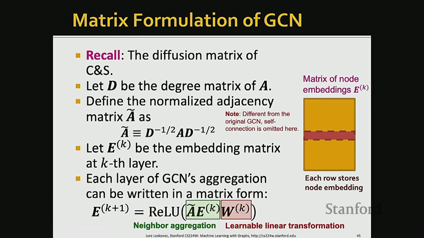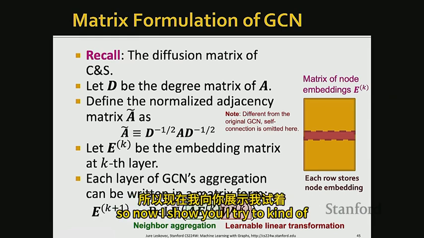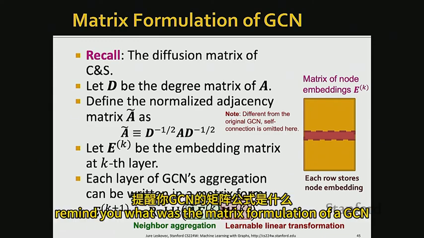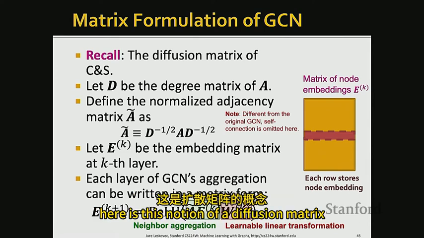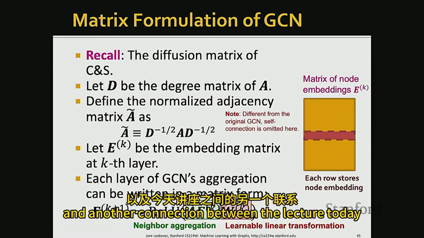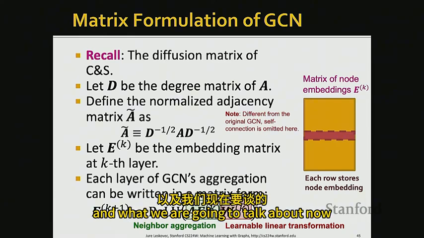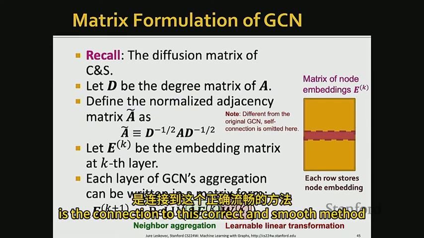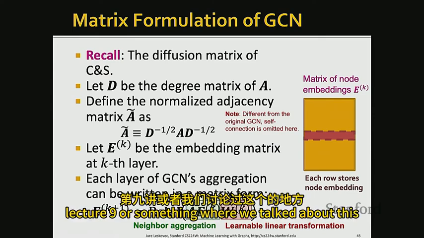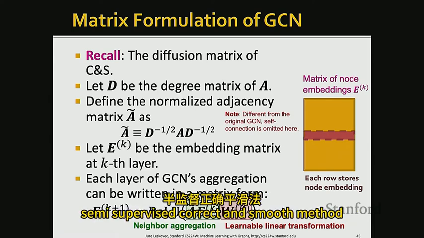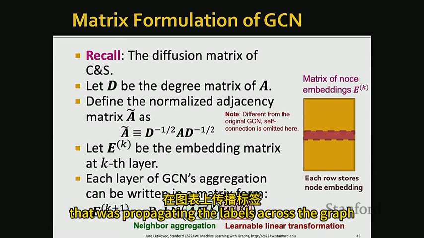Okay, that's the setting. So now I will try to remind you what the matrix formulation of a GCN was. And the key concept here is this notion of a diffusion matrix. And another connection between the lecture today and what we are going to talk about now is the connection to this correct and smooth method. That was, I don't know, lecture 9 or something, where we talked about this semi-supervised correct and smooth method that was propagating the labels across the graph.